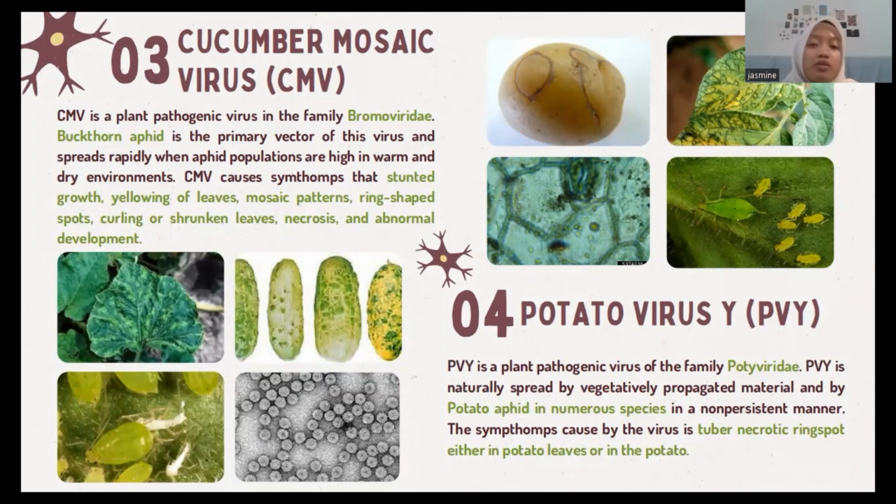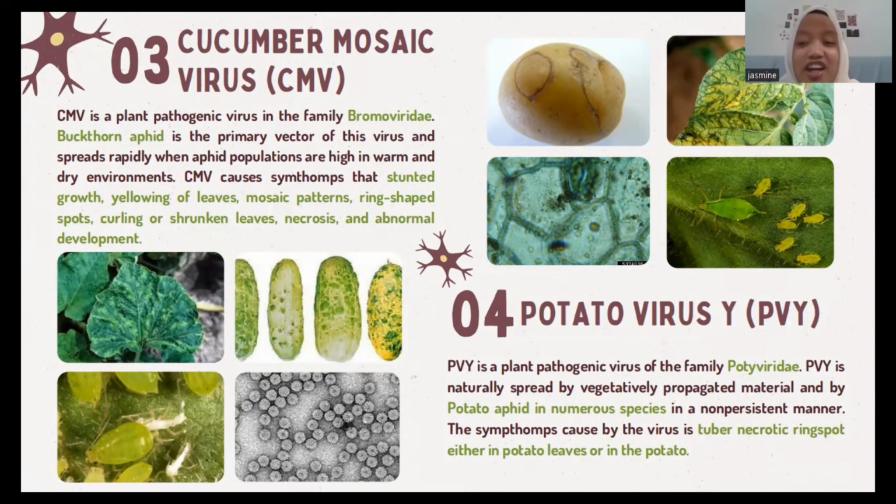CMV causes symptoms such as stunted growth, yellowing of leaves, mosaic patterns, ring-shaped spots, curling or shrunken leaves, necrosis, and abnormal development. This is the picture of the symptoms caused by CMV, and this is the virus itself.